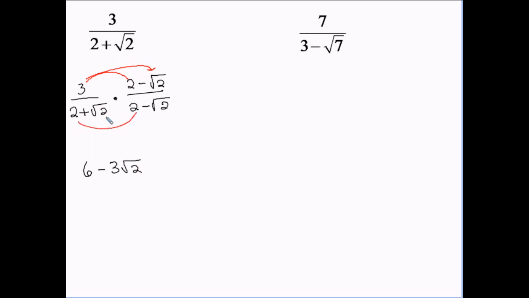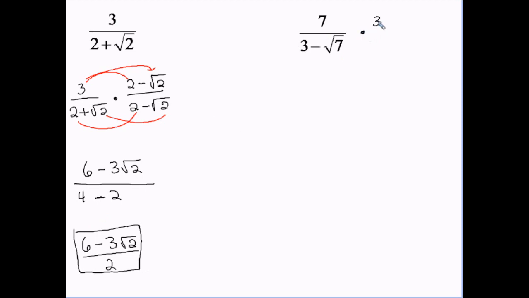And then I'm going to do first and last. And I get 4 minus 2, which is just 2. So 6 minus 3 times the square root of 2 over 2. 6 and 2 will reduce, but 3 and 2 won't, so I'm done. I stop right there.